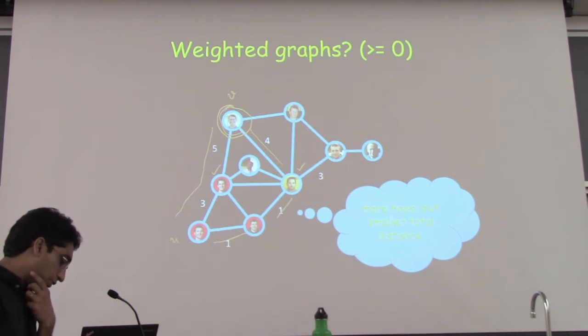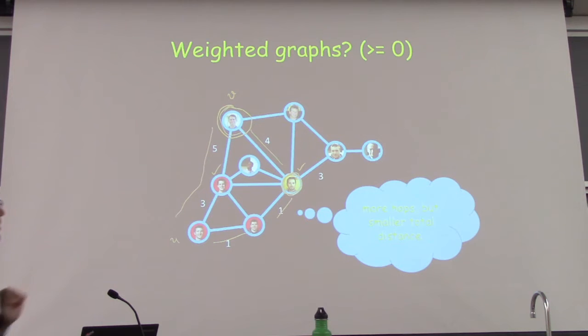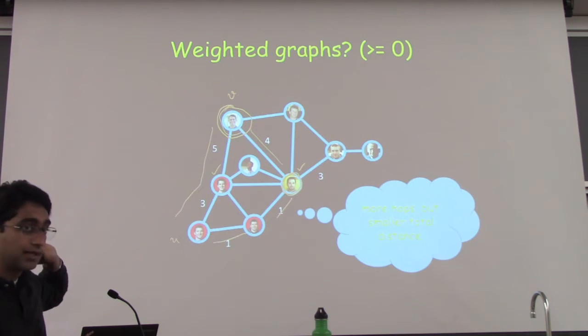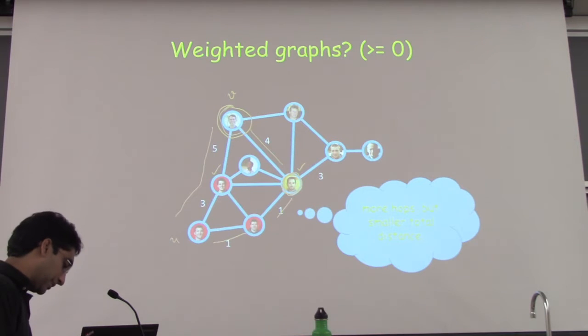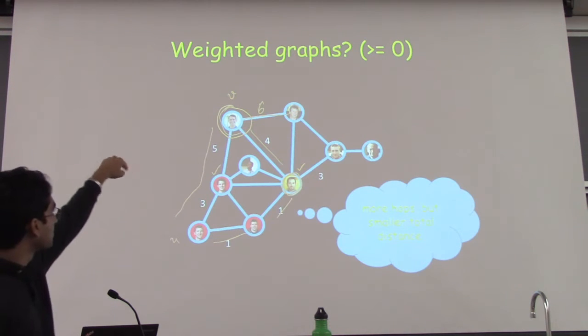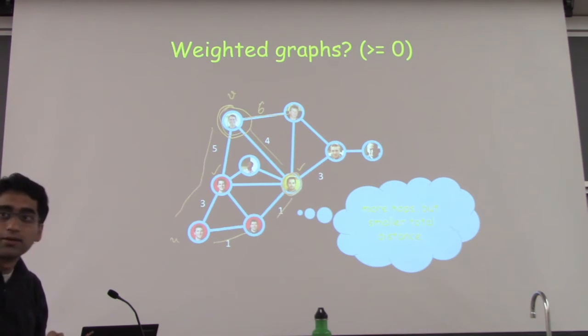You would want to do this guy first because, in some sense, he has the shortest path from V, right? Assuming this weight is, let's say, 6, these are the neighbors and this is the shortest one.